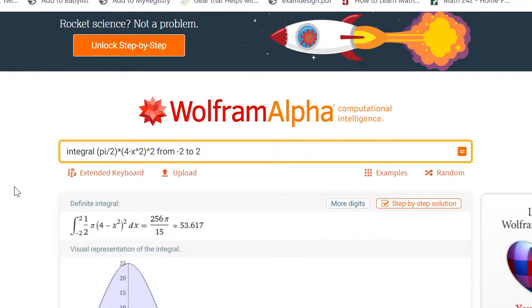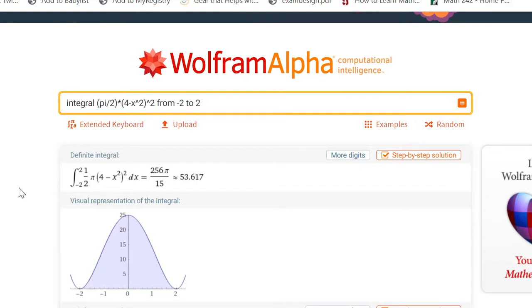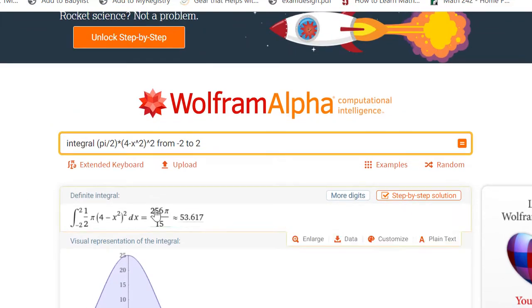There we go. So just checking that our integral is what we intended it to be. Yep, that looks good. And it is 256 pi over 15 for the exact volume.